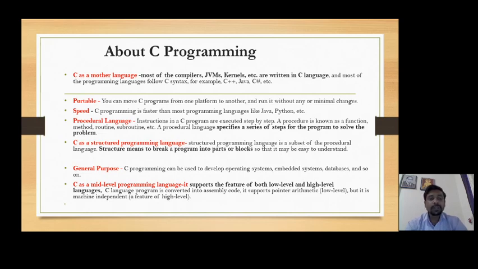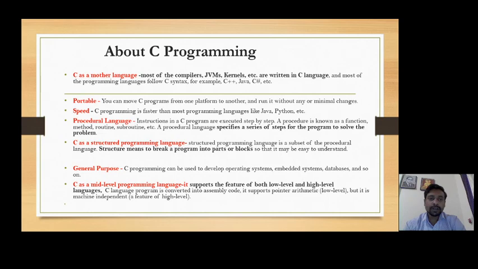So due to these different features and characteristics, C is considered one of the important programming languages. No matter how advanced we are in terms of programming languages, there is always a certain space recommended for C programming.